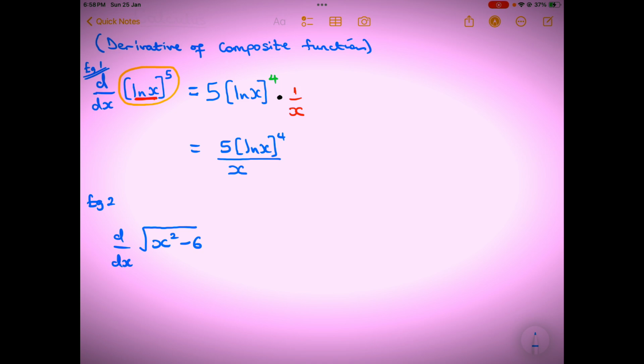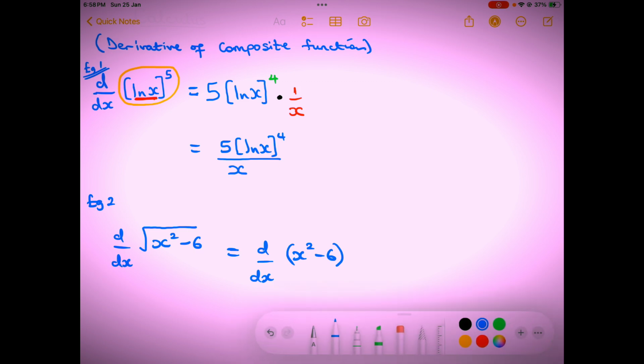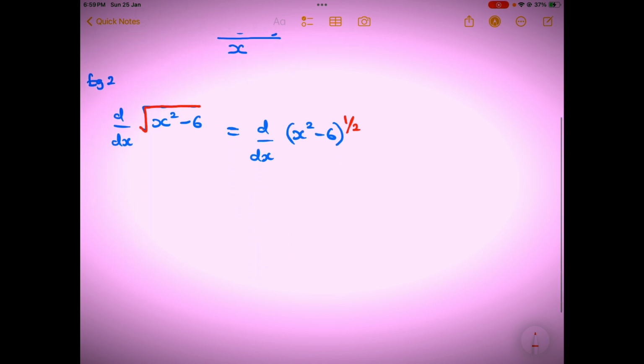So in this case, we are going to rewrite this as d/dx of (x squared minus 6), all this in brackets, to the power of 1 over 2. This square root sign here is the same as the power of 1 over 2. So I need to change from the square root into this form before I can continue working on the derivative.